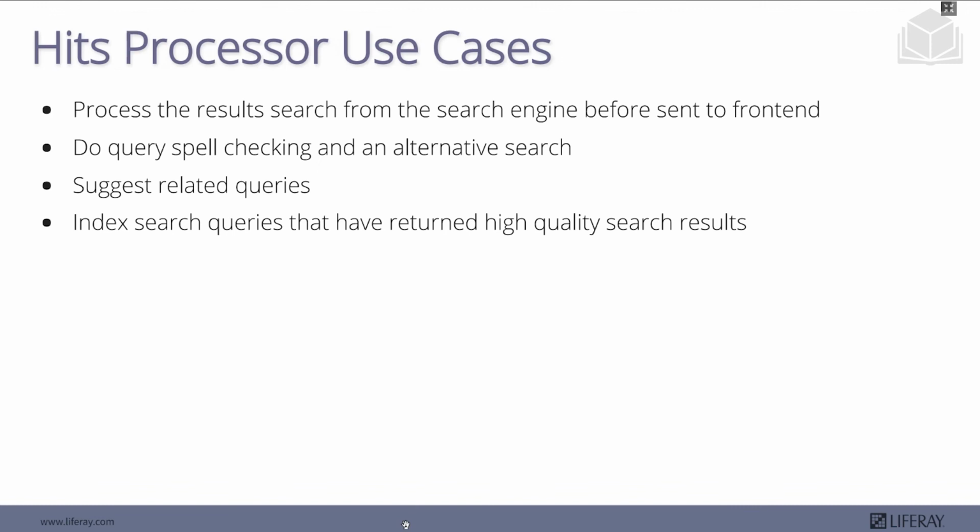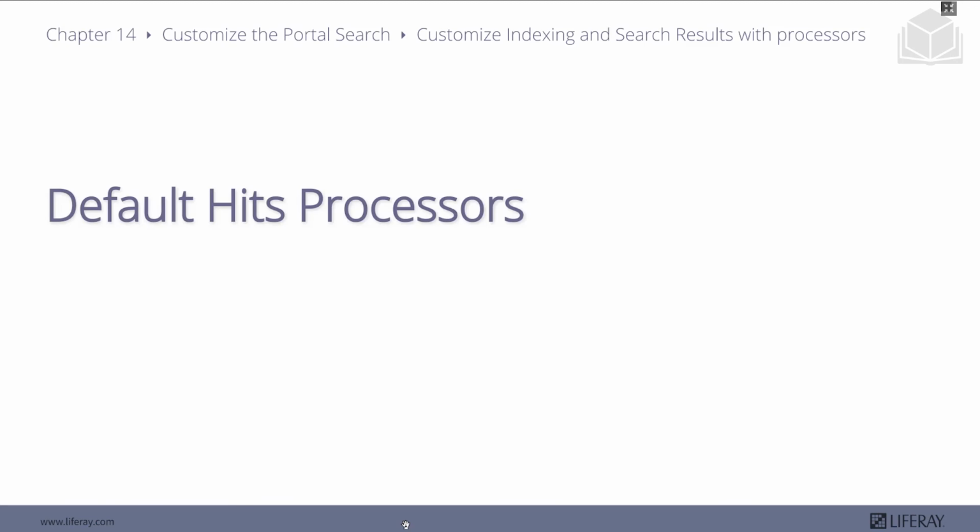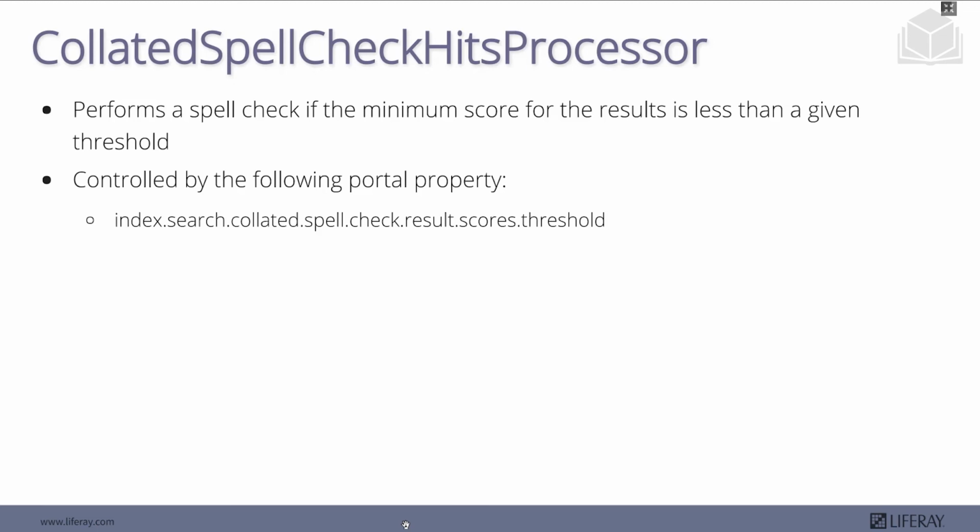We can do other things like process the results, do something before it's sent off to the UI. We can make some suggestions, just as we've seen in a lot of classical search engines. Search for something, you can get a list of other results or other search queries that might yield better results, and so on.